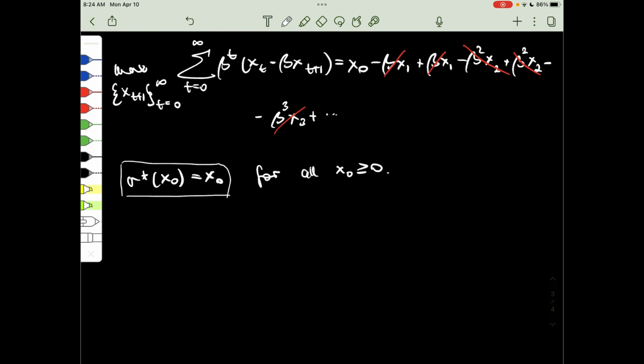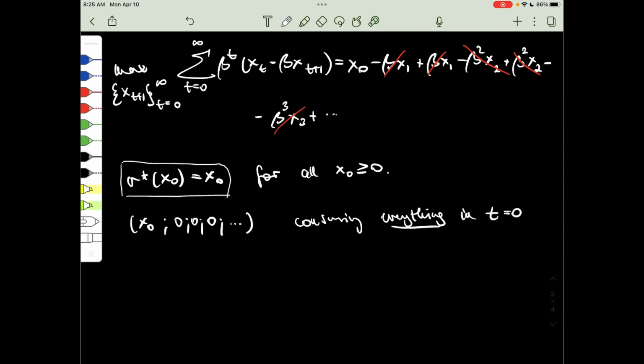What plans attain the optimum? What plans give the consumer the higher level of satisfaction? The consumer has options. So, for instance, this is a feasible plan. It means she consumes everything, consuming everything in T0 and leaving nothing for the later periods.